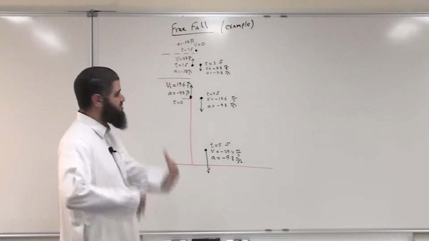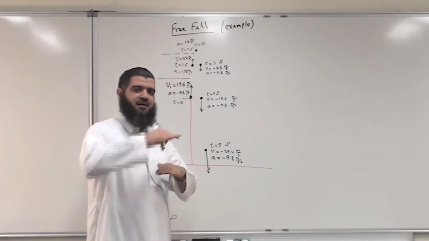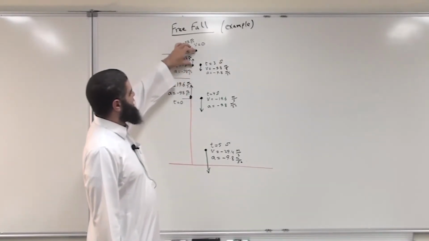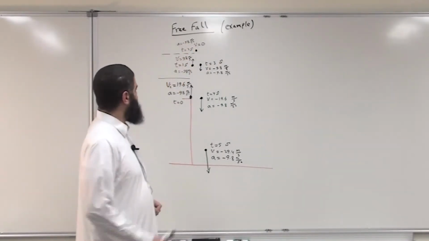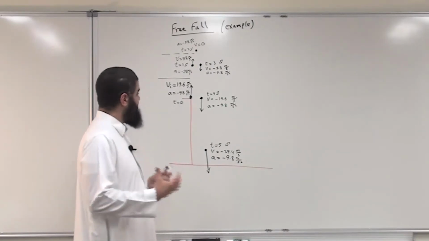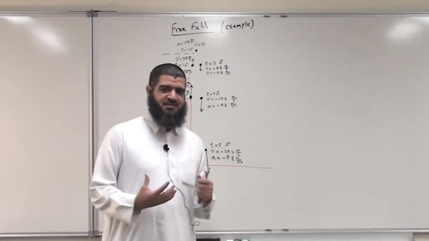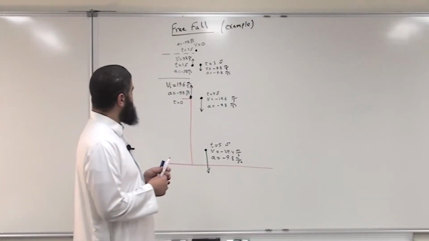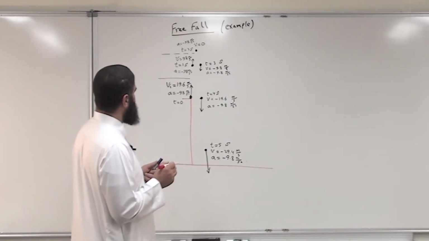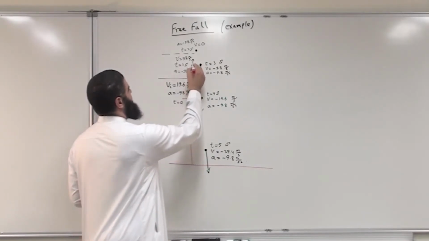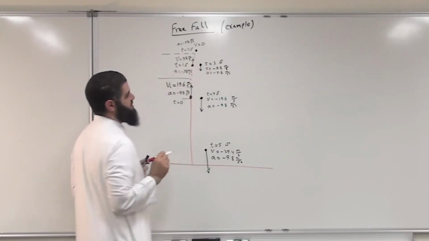So my object was moving fast at the beginning, and now its speed has reduced, so it will travel less distance in the second second. So in free falling motion, the object doesn't travel the same distances in the same amount of time.